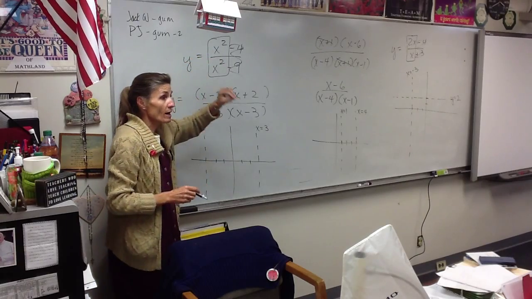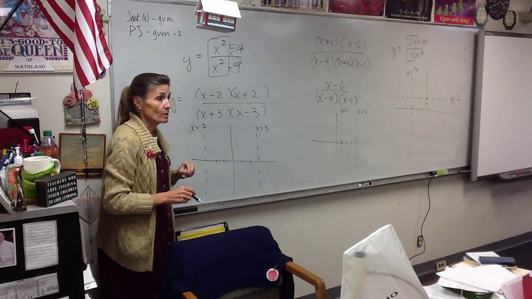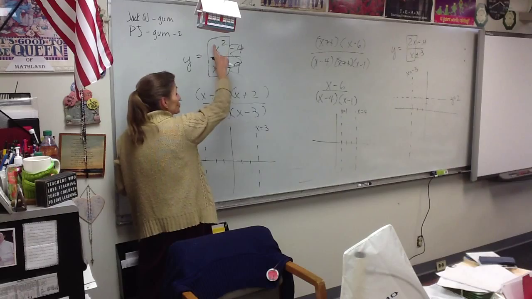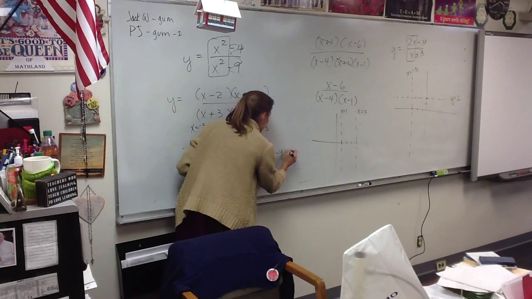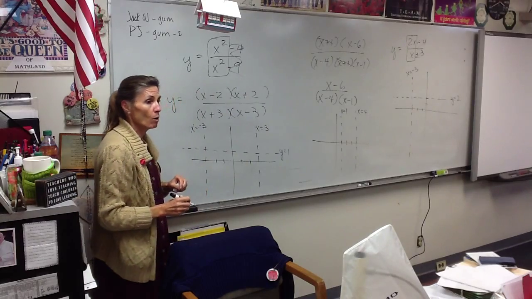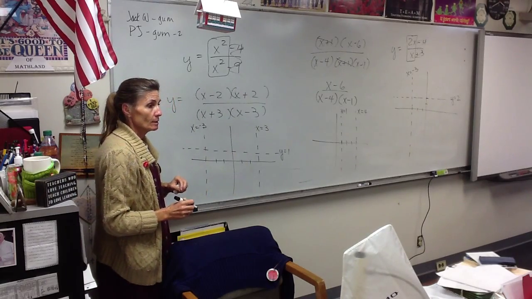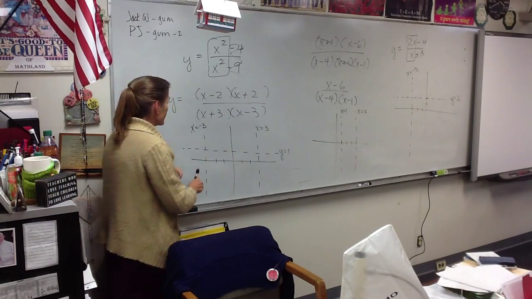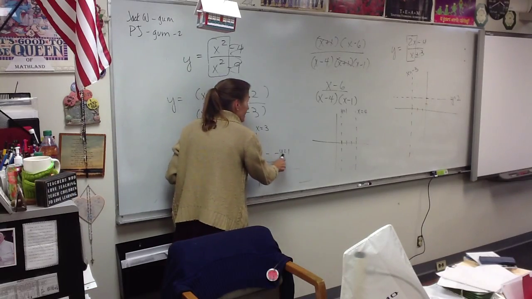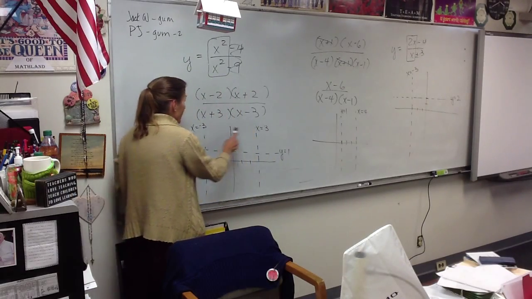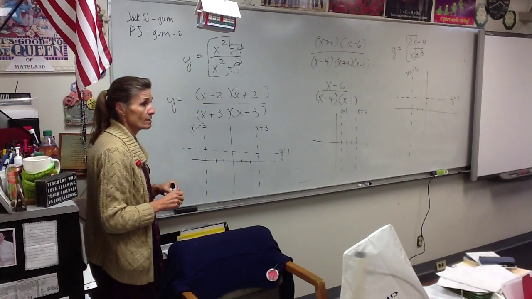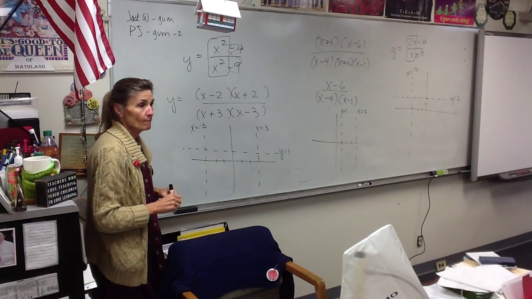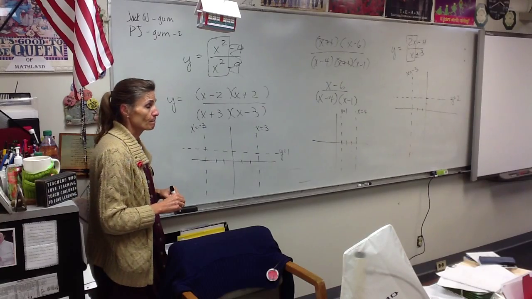What is x squared over x squared? 1. So I have a horizontal asymptote at y equals 1. And you will notice Mrs. Ford labels these, that's my expectation. You should have this written down, y equals 1, x equals 3. On your picture, those should be identified.